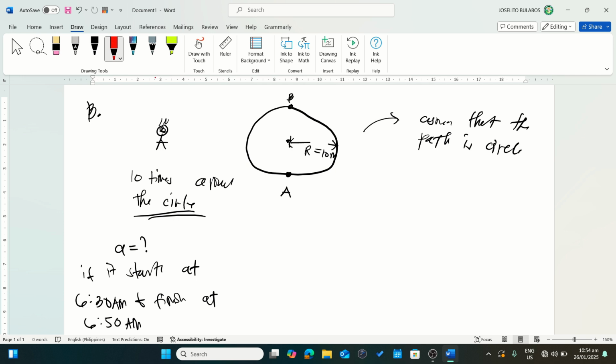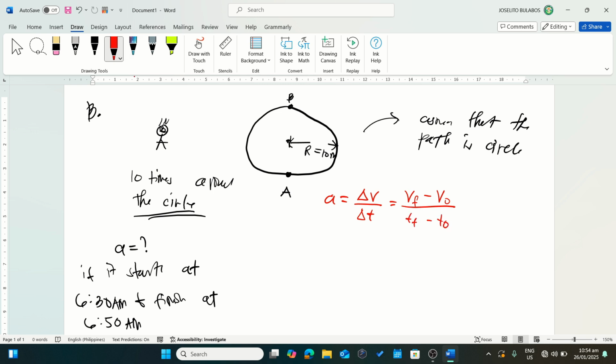We know that acceleration is the change in velocity over the change in time. So we have to know the final velocity, the initial velocity, and time final minus time initial.